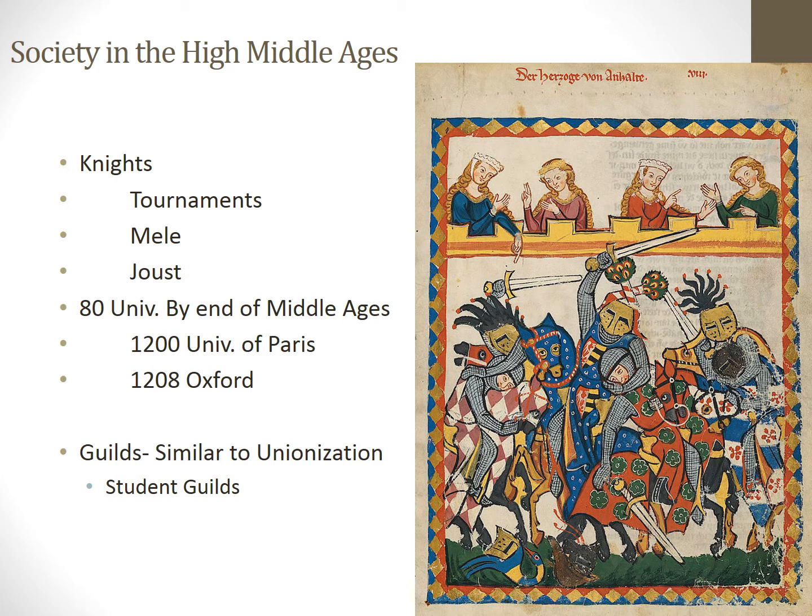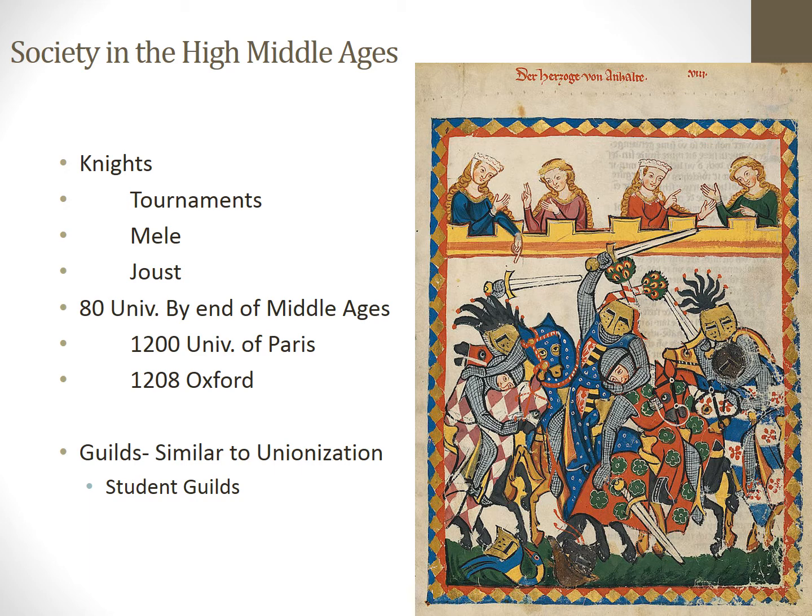Oftentimes you would travel great distances to come to these college towns, and you had to pay for room and board. And so in order to prevent local communities charging excessive rents, the students formed guilds that were designed to lobby local authorities to maintain that rents were reasonably priced.